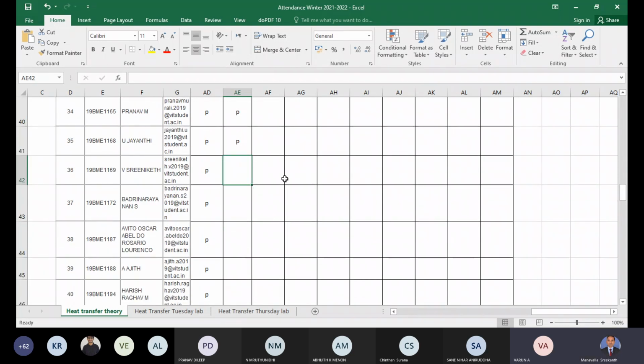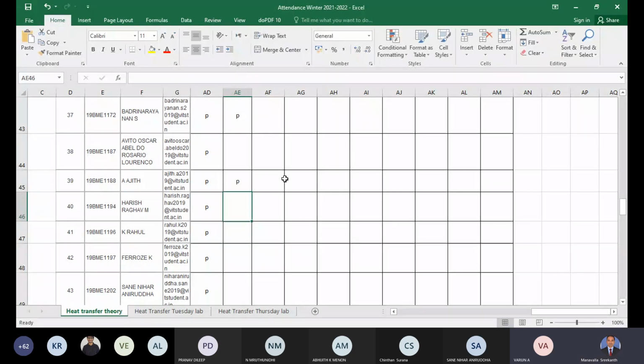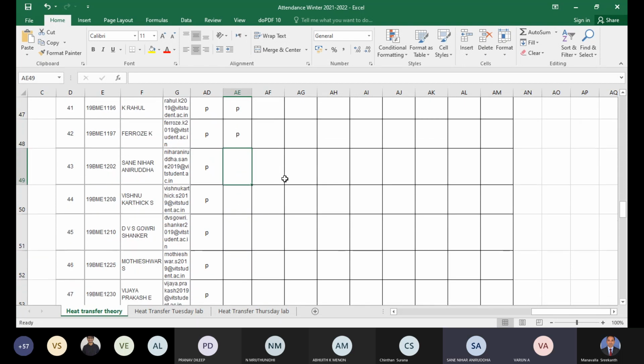Badri Narayanan, Present, sir. Ajit, Present, sir. Harish Raghav, Yes, sir. Rahul, Present, sir. Firoz, Present, sir. Nihar, Present, sir. Vishnu Karthik, Present, sir.